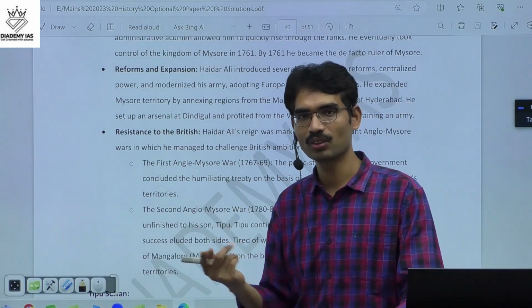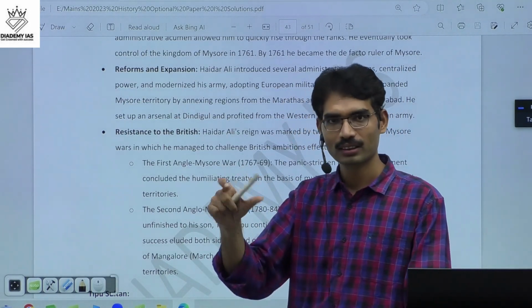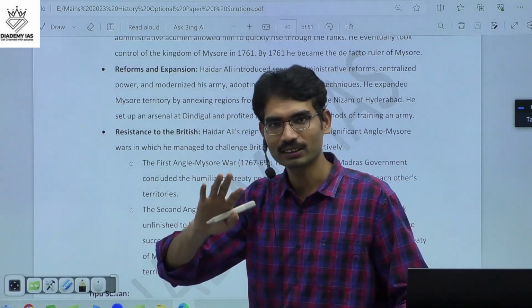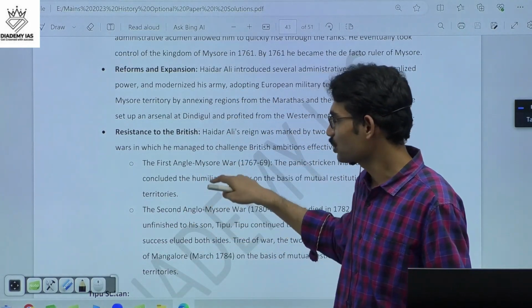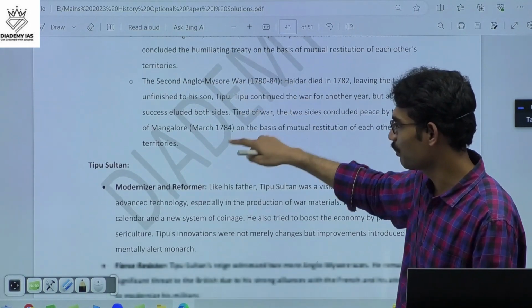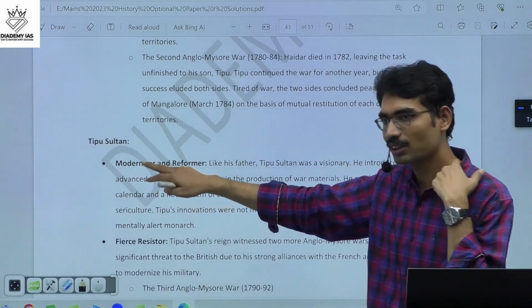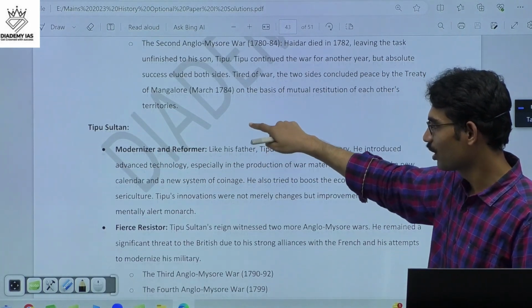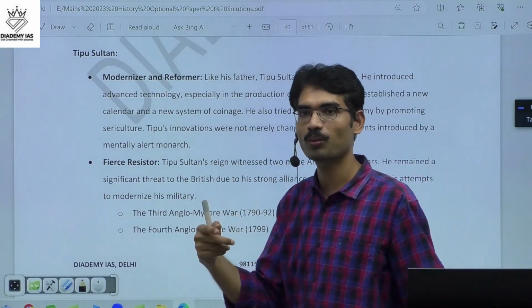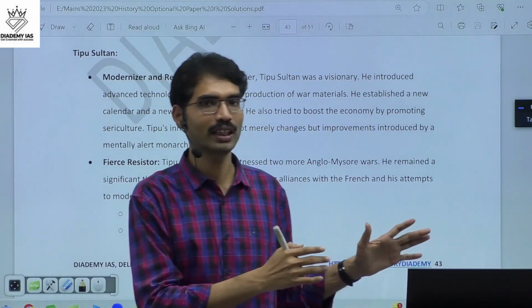In the second Anglo-Mysore war, he was an equal partner, and both had the treaty. But when it comes to the third and fourth ones, Tipu Sultan was defeated. You mention about Tipu Sultan, that he was also a modernizer, reformer, fierce resistor. But when it comes to the British, they were more powerful. That aspect you are going to write.